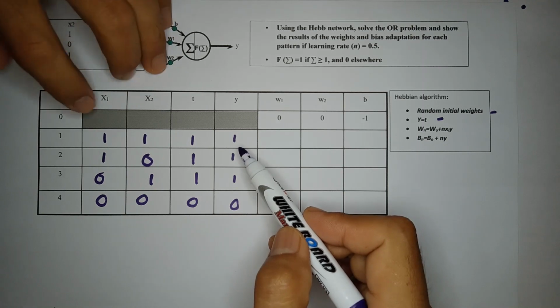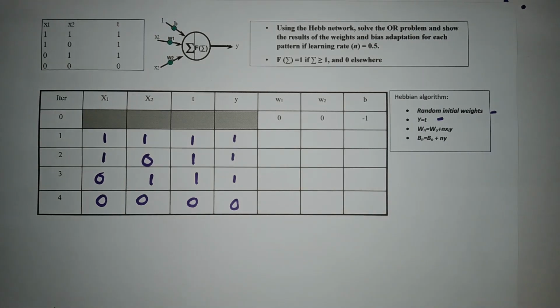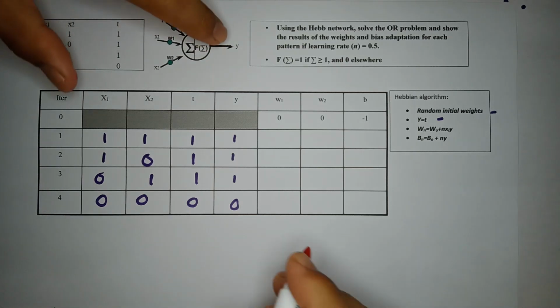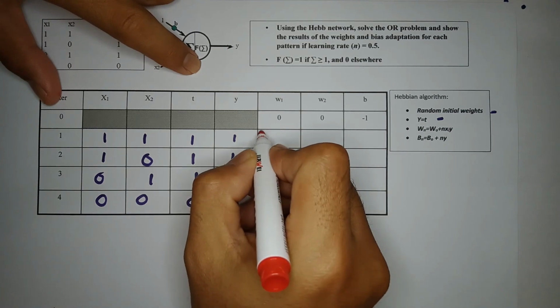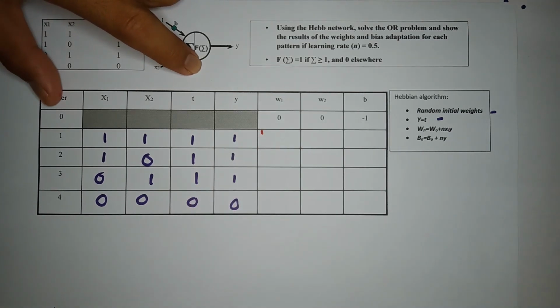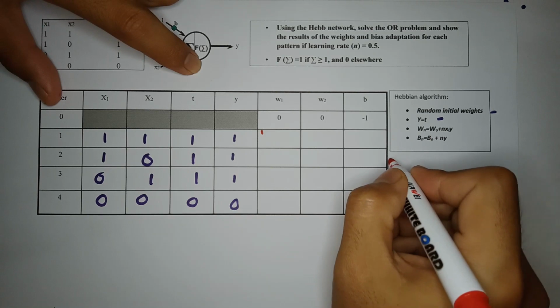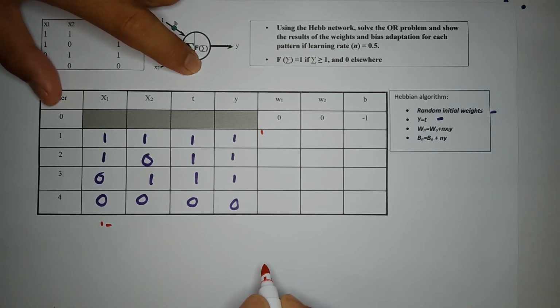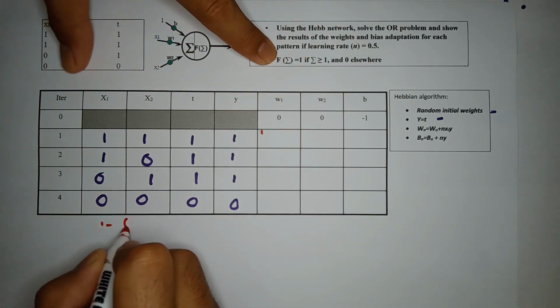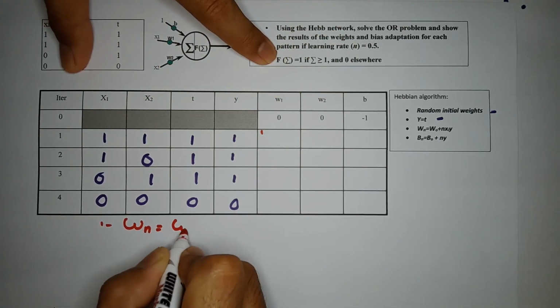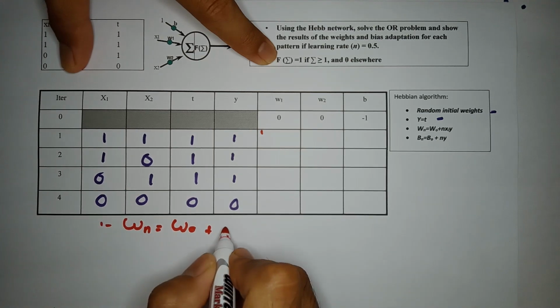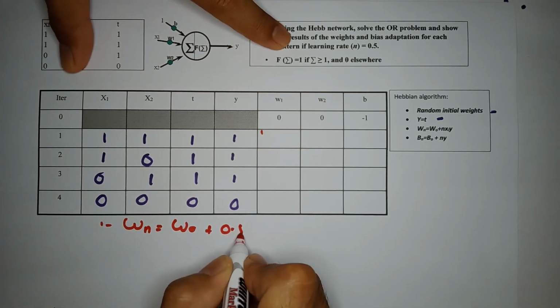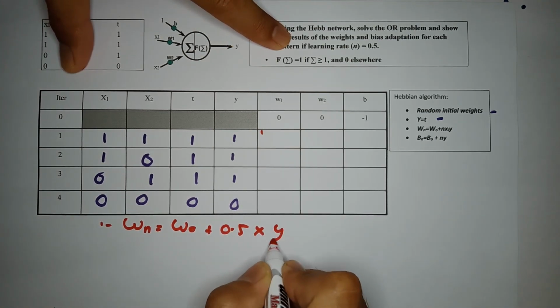I will show you the steps, perhaps using a different color. Okay, for the first part, let's say I label this as number 1. W new equals W old plus n, which is 0.5, times x y.